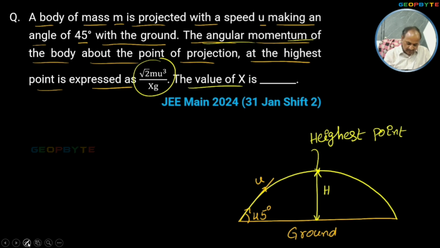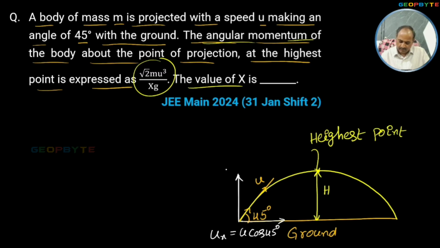Okay. For that, let us take the two components of velocity. Since the body is moving with a velocity u at an angle 45 degrees with respect to ground, the horizontal component of velocity is u cos 45 degrees, which I can write as ux, and the vertical component of velocity is uy equal to u sin 45 degrees.